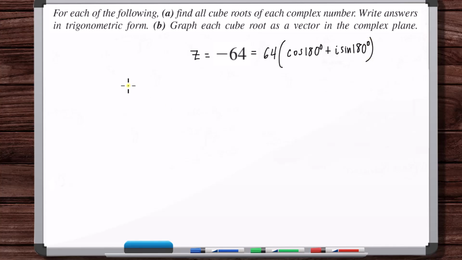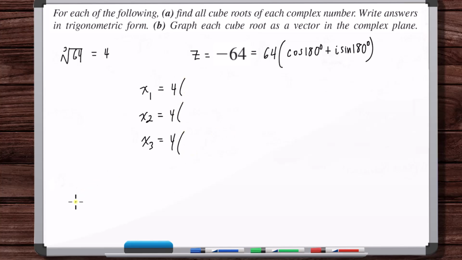So we've got x1, x2, x3. These are all going to have the same radius, which is the principal cube root of 64, so that's 4. So 4, 4, 4.